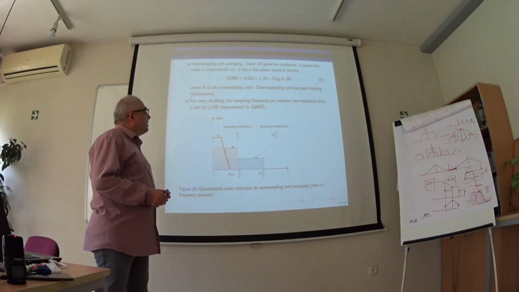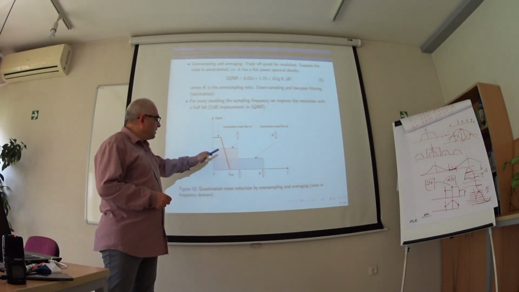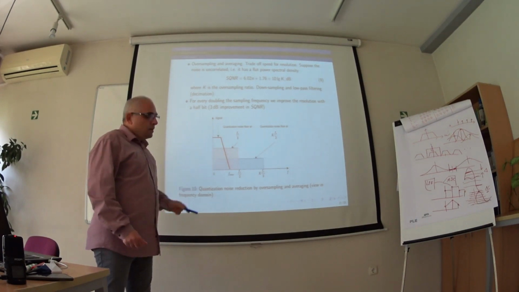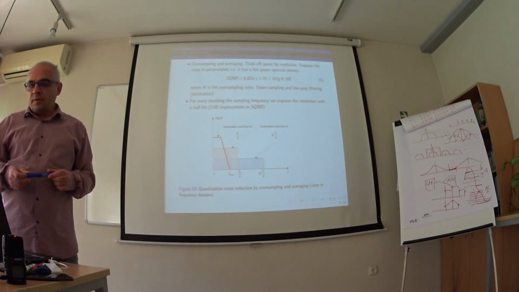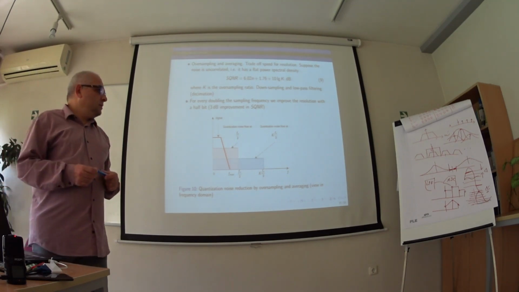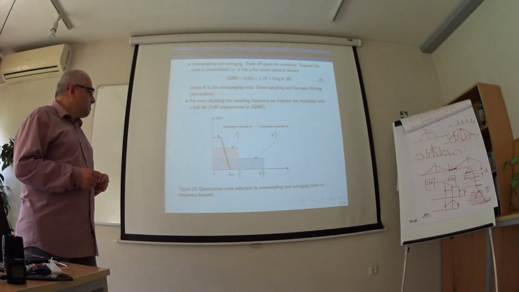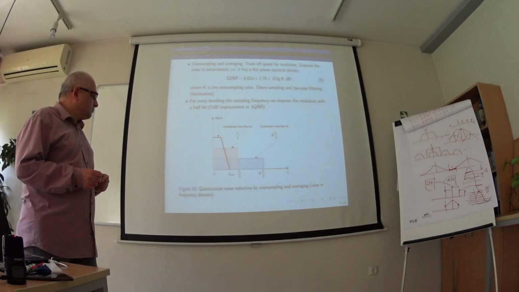So what we have is increasing the sampling rate and low pass filtering. Low pass filtering can be done just by averaging. This is the idea shown in the frequency domain.